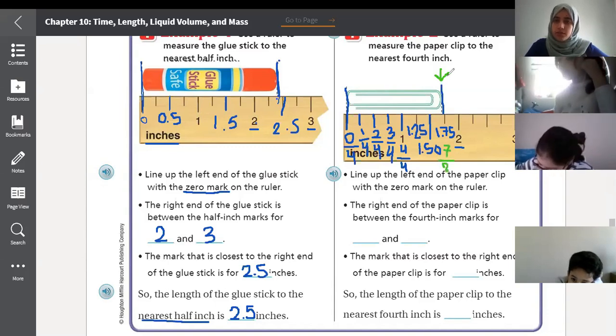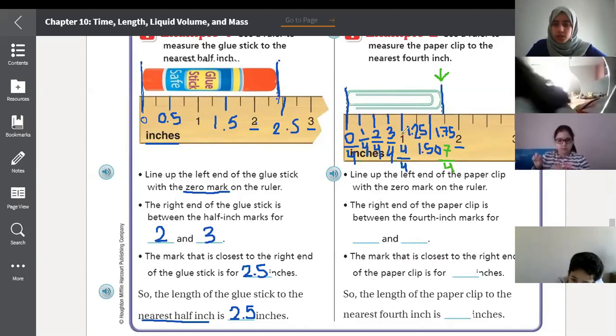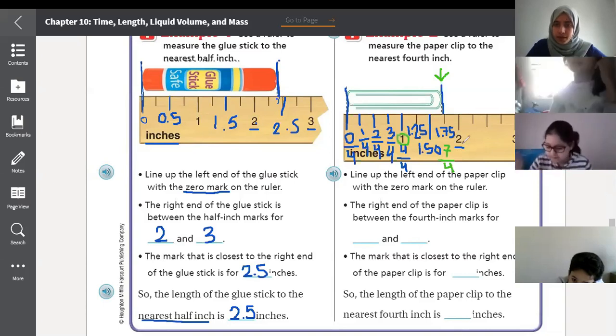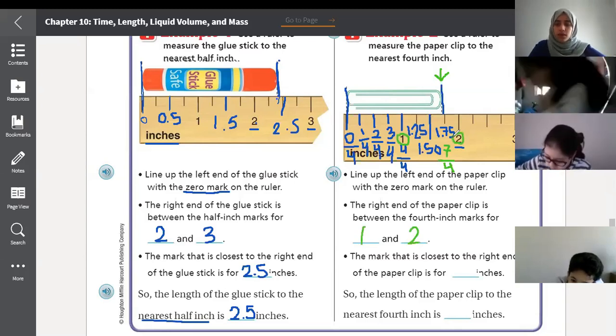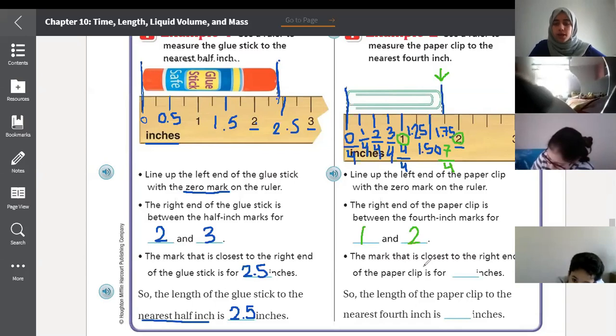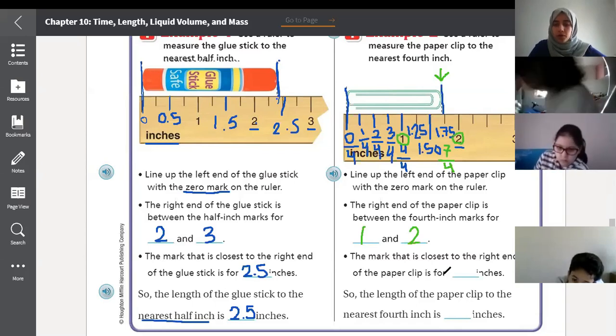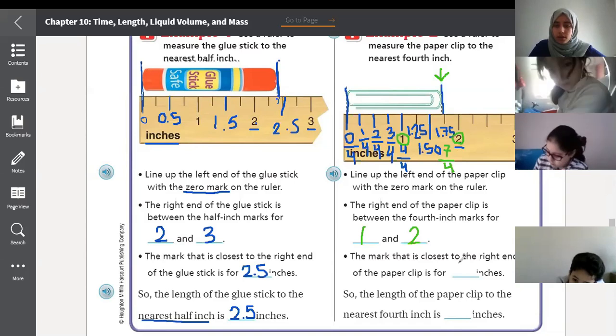Sorry, 7 over 4. So it's 7/4, because the fourth will stay the same because we have only 4 parts. It's between 1 and 2. So I'm going to write 1 and 2. The mark that is closest to the right end of the paper clip is 7/4 inches.